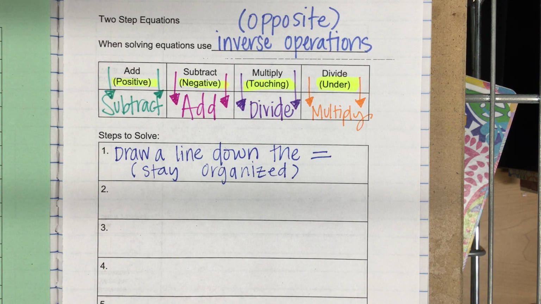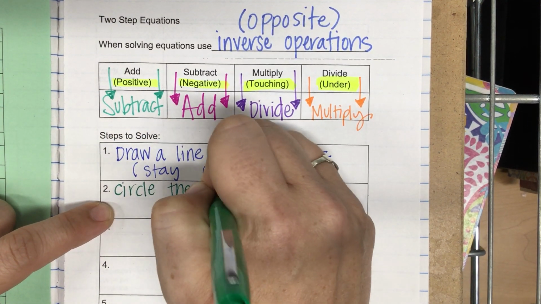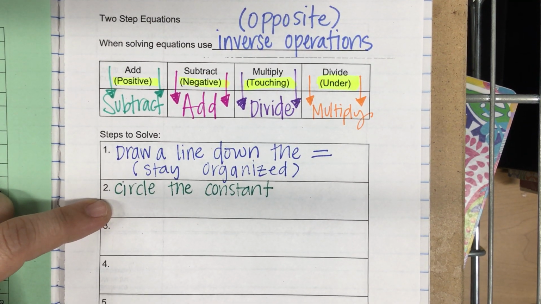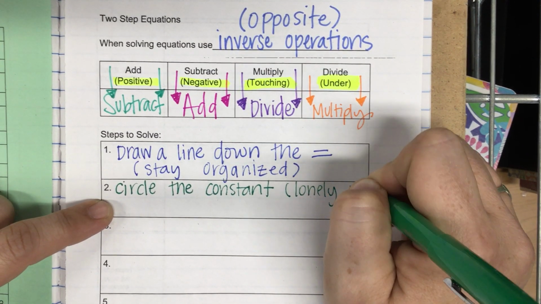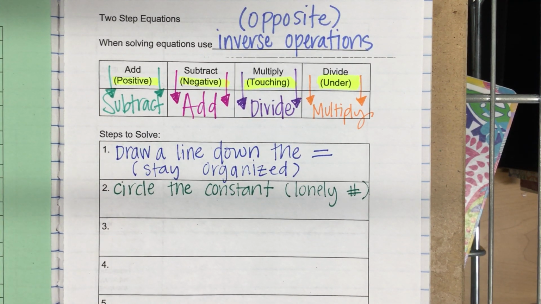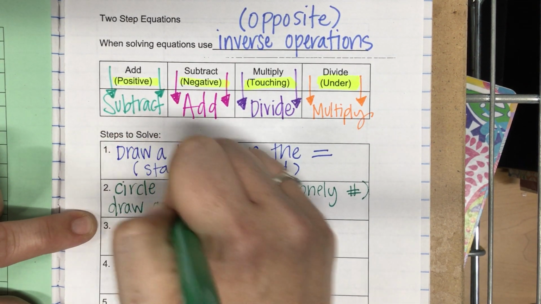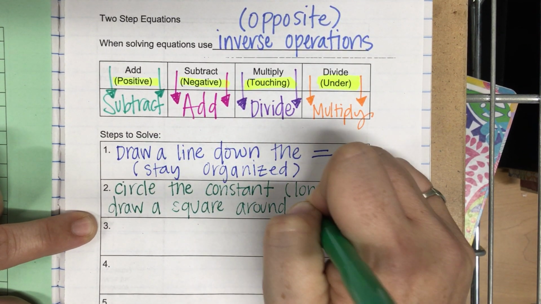Right now, we're going to circle the constant, which is a vocabulary word. The constant is the lonely number. It's the number that doesn't have a variable with it. It's all alone. You're going to circle the constant and draw a square around the coefficient.